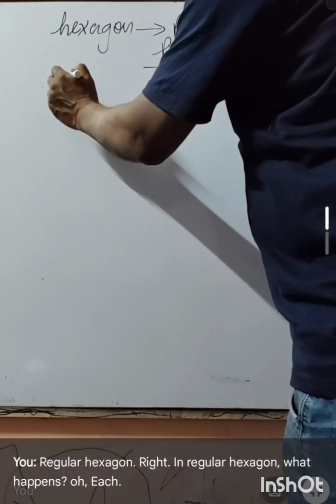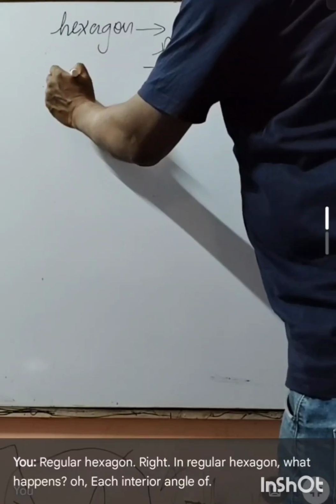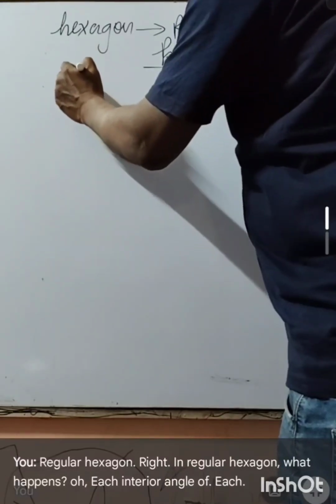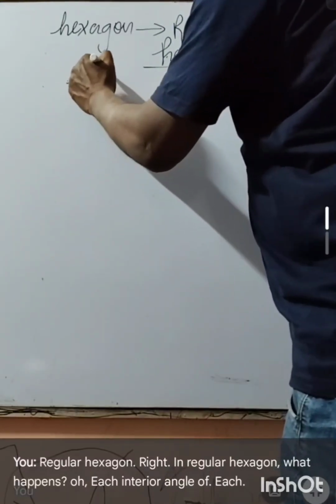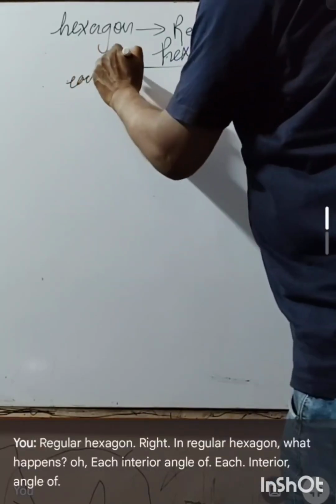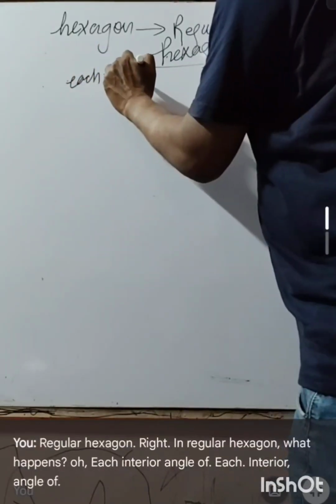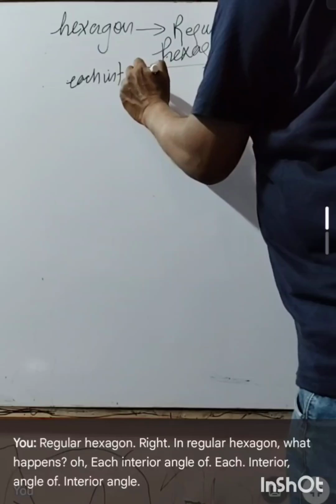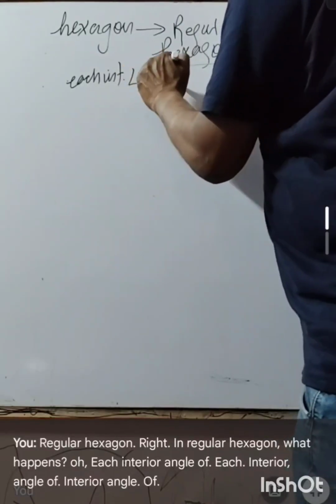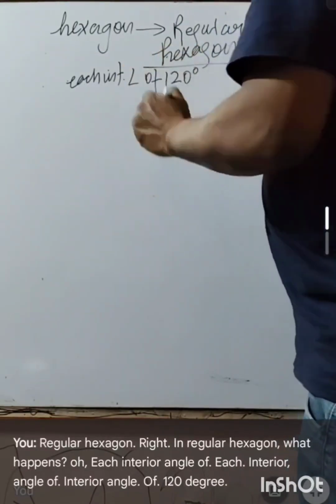Each interior angle of a regular hexagon is 120 degrees. How do you get that?